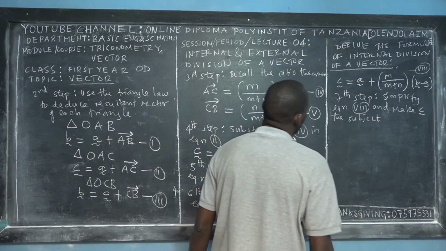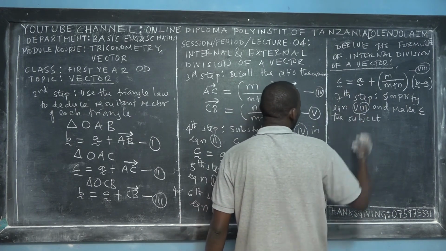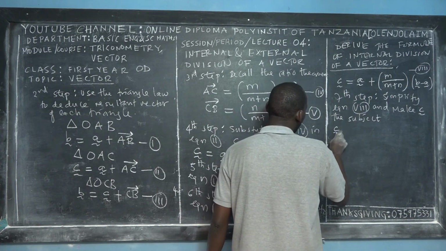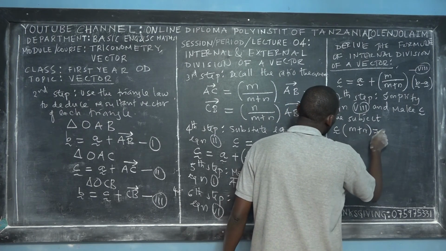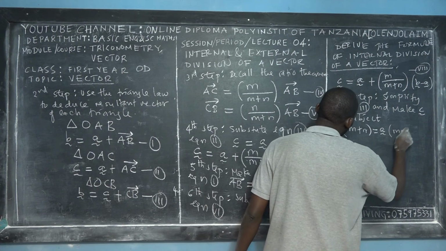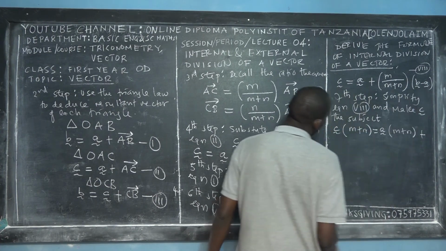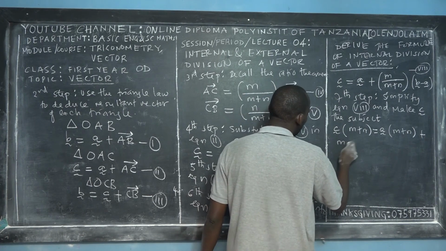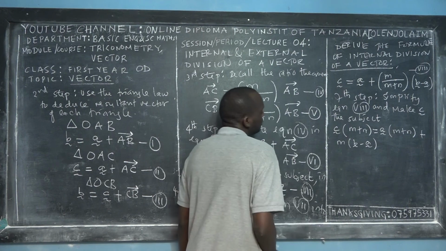How do we simplify? We multiply by M plus N to both sides, left hand side and right hand side. So we have vector C times M plus N equal to vector A times N, and then M times the bracket of vector B minus vector A. Open the bracket.